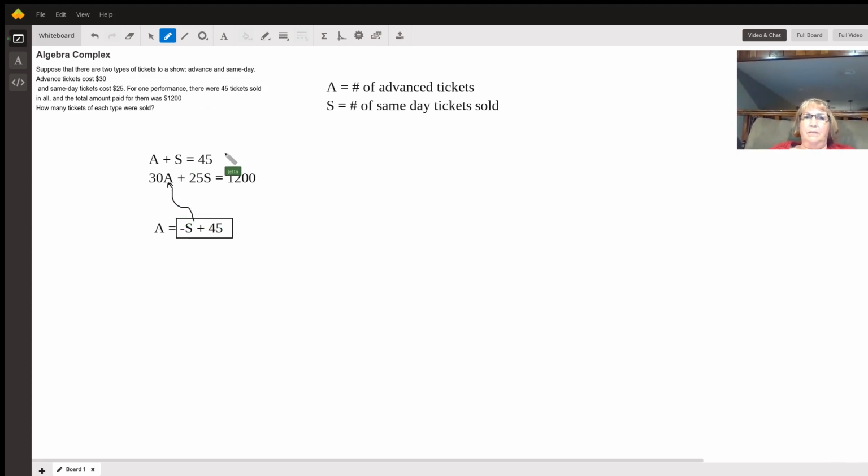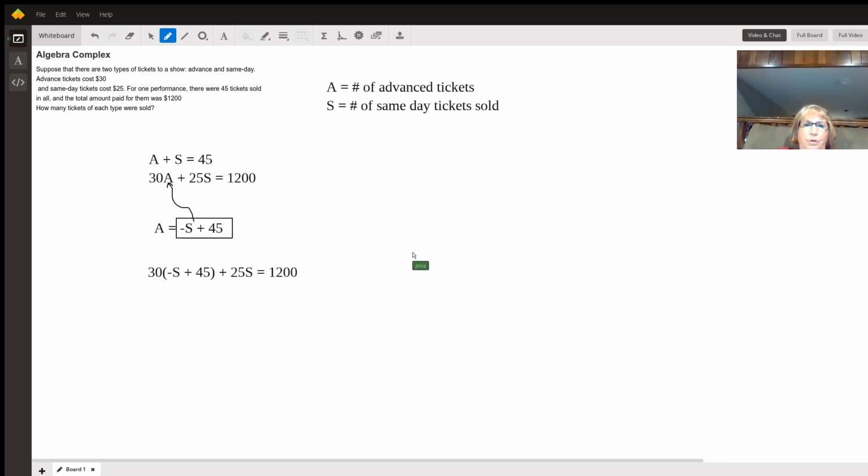Now, I can't put it in the same equation I got it from. The first equation is where I came up with this, so I have to put my box into the other equation. When you plug that in, you end up with 30 times the whole A, which is negative S plus 45, and then you still have the plus 25S equals 1,200.